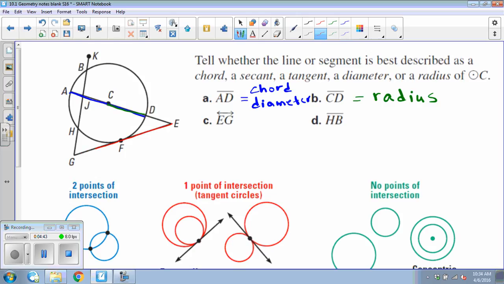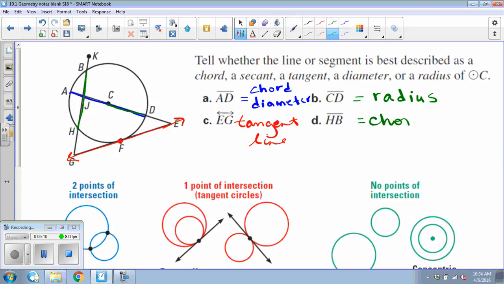So that's this. So if I extended it, it would be a line. What is that? That's a tangent line because it only touches at one point. It's a tangent line. HB. That's segment HB. That's this right here from H to B, and that is just a chord.